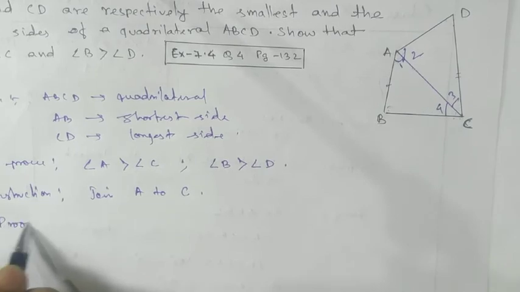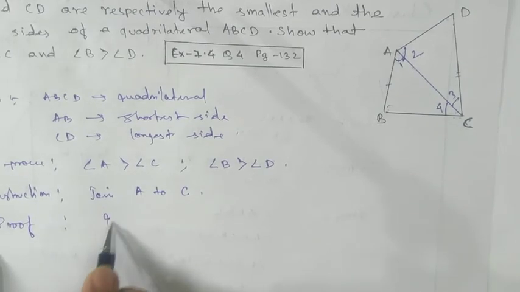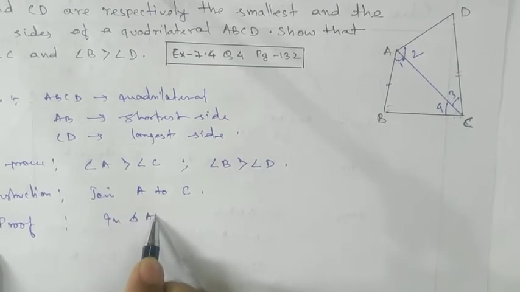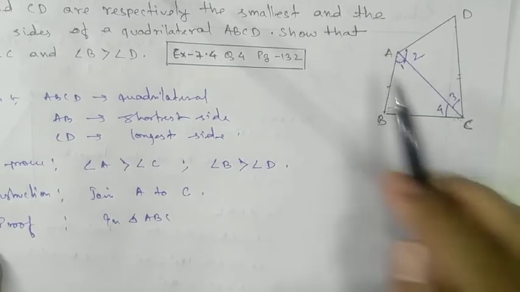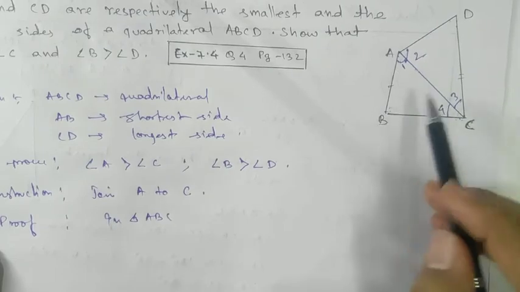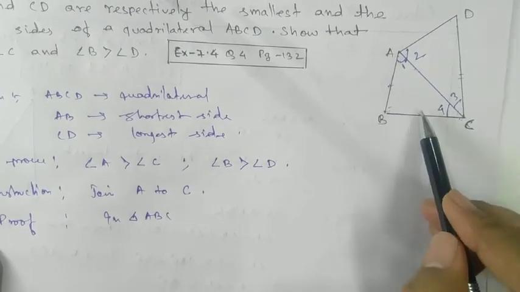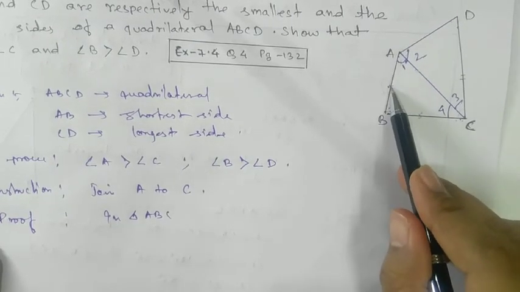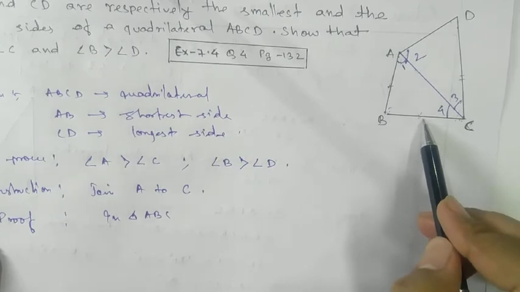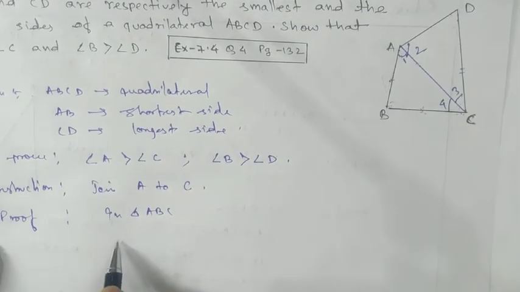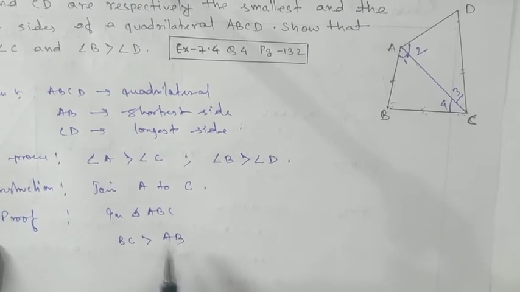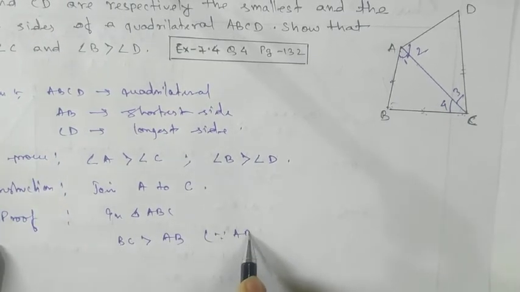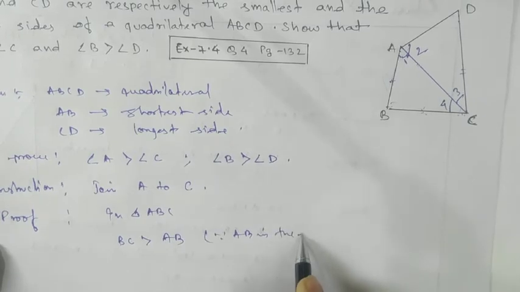So here, proof, let's start. In triangle ABC, if we compare these 2 sides, which is the shortest one? AB, and this is the bigger one. So BC is greater than AB, since it is given AB is the shortest.